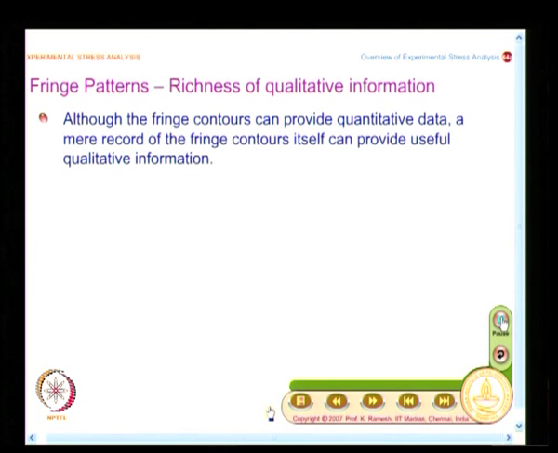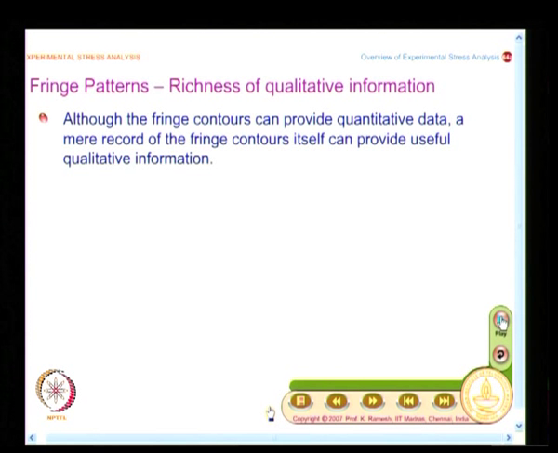We have seen that a fringe is a band, and a mere record of the fringe patterns itself can provide useful qualitative information. So, we have to look at all the qualitative information that you could identify.